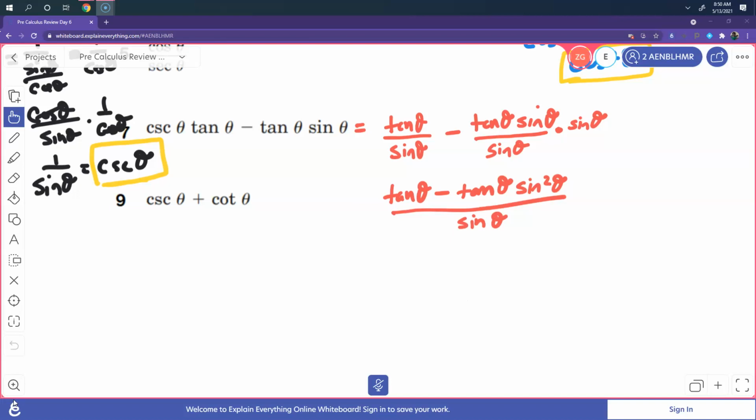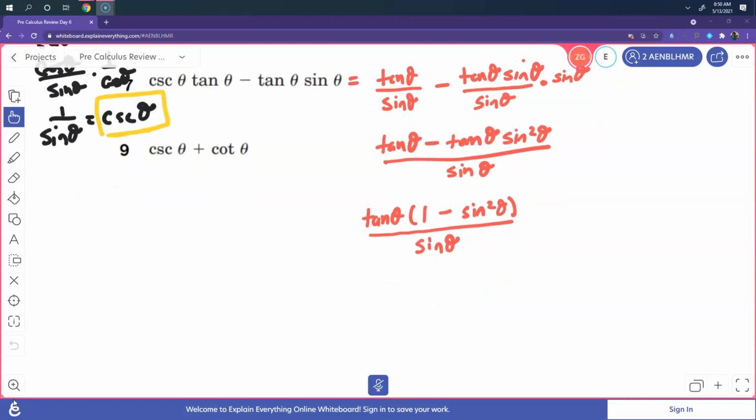So now you have to have the common factor, so you know it's going to be tangent theta. So it's 1 minus sine squared theta over sine theta. Why?